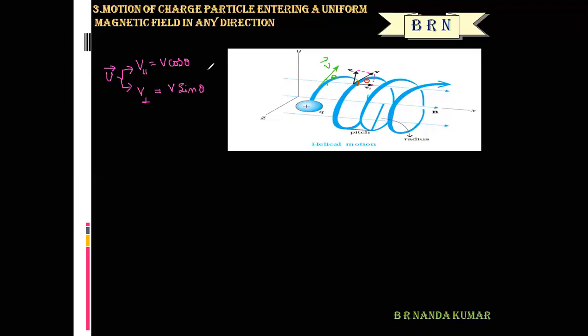So here the function of v cos theta and v sin theta is very, very important. Actually, the parallel component of velocity makes the charged particle move along the direction of the magnetic field, but the perpendicular component of velocity makes the charged particle move in a circular path.